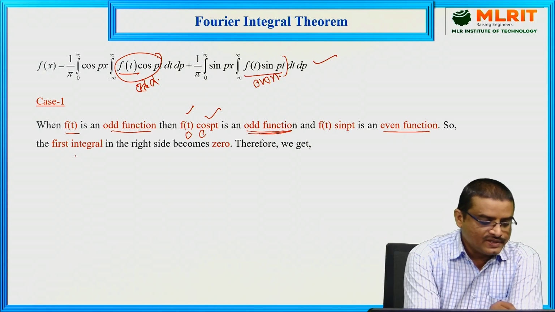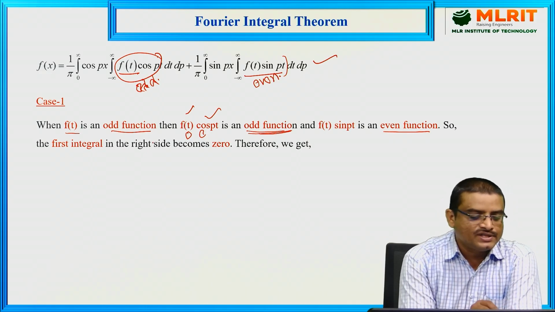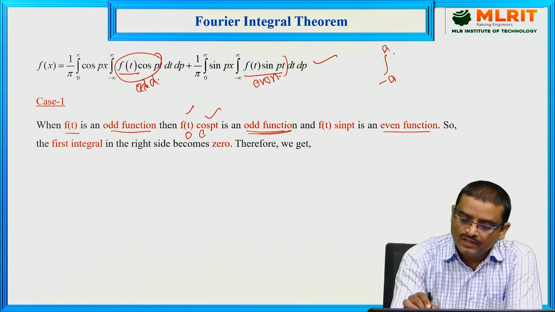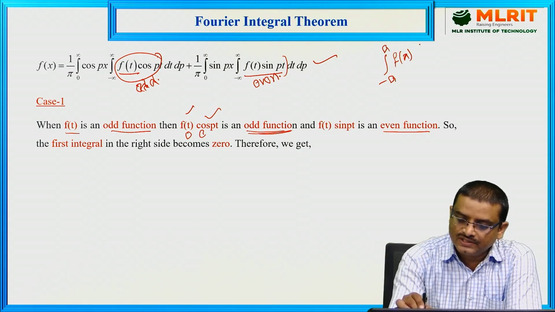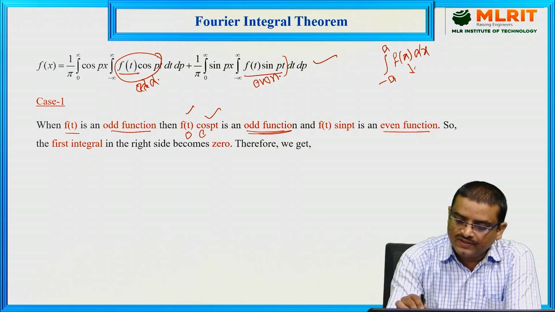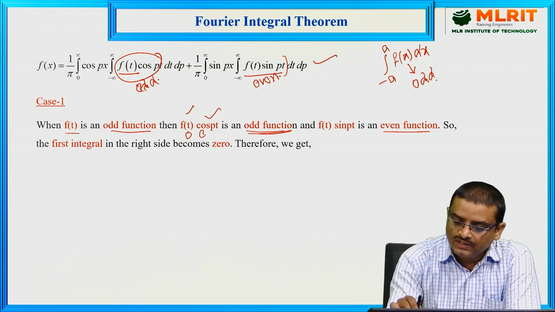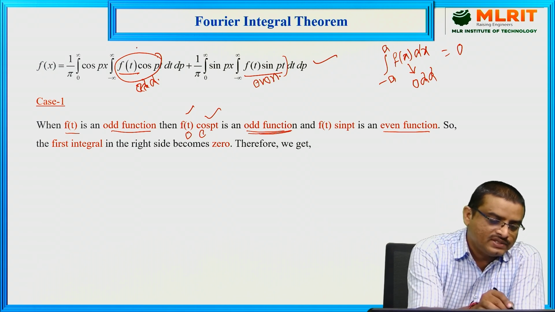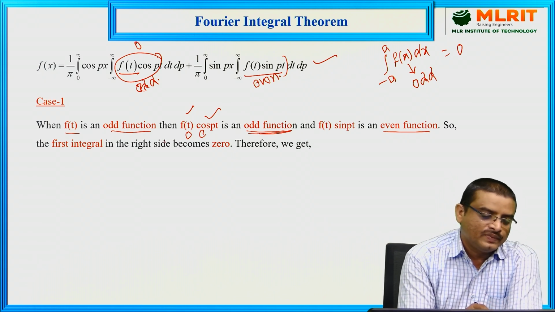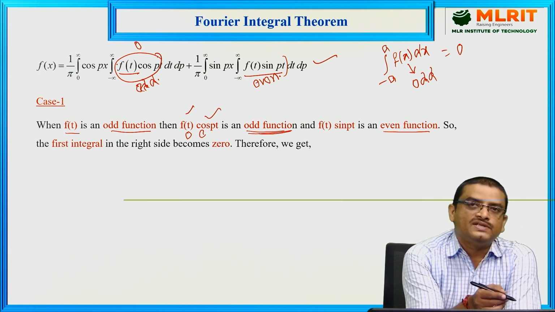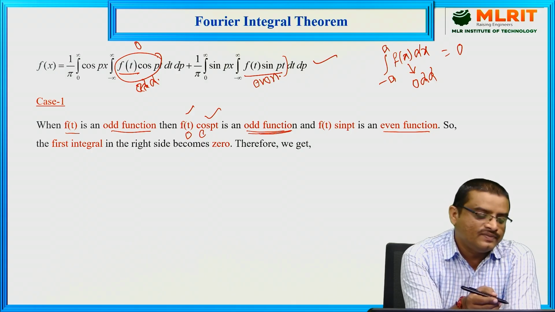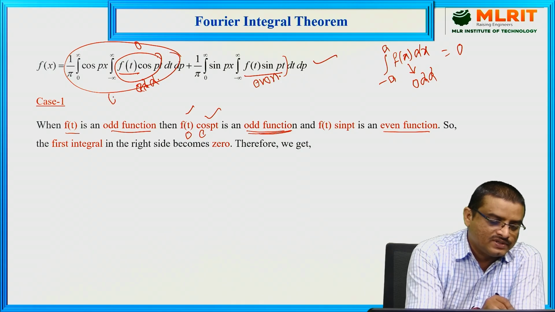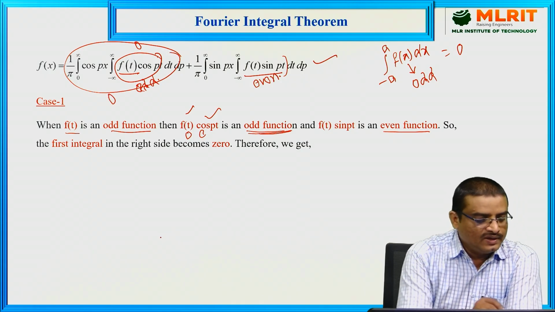So the first integral on the right side becomes 0, because whenever we have an integral of the form minus a to a of f of x dx, and this function f of x is an odd function, then we can take that integral value directly as equal to 0. If this integral value is equal to 0, then the integral of the remaining function, 0 into anything, equals 0; integral of 0 is 0. So this entire first integral becomes 0 in case 1.